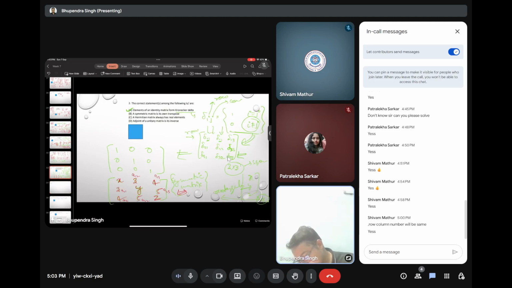So what was our question? Symmetric matrix is its own transpose. I have already told you about the transpose. Tell me, is option B correct or not?